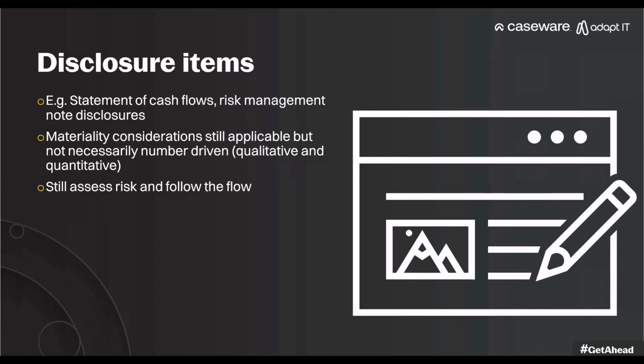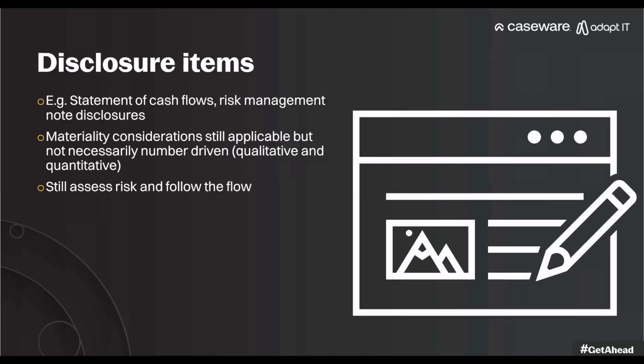disclosure items. So what are disclosure items? Disclosure items could be something like the statement of cash flows, or the cash flow statement, if you refer to it like that. It could be the risk management note, and specifically the wording and other information in the risk management note. So those things are not directly linked to a specific balance or line item in the financial statements, the balance sheet, the income statement, the statement of changes in equity, etc. But the materiality consideration is still applicable, even though there's no number driven.